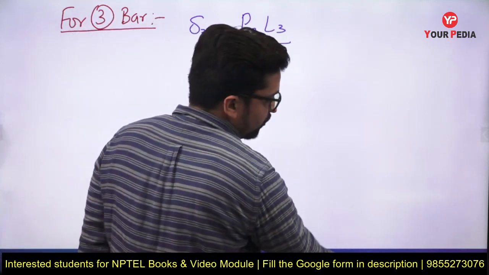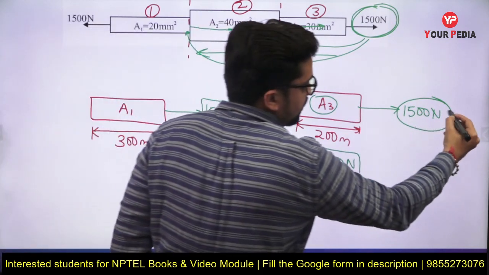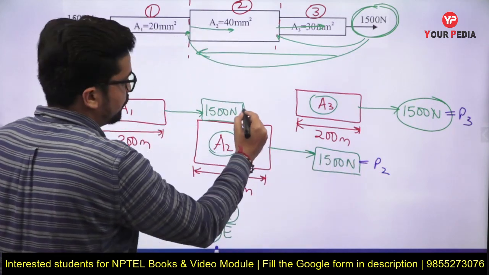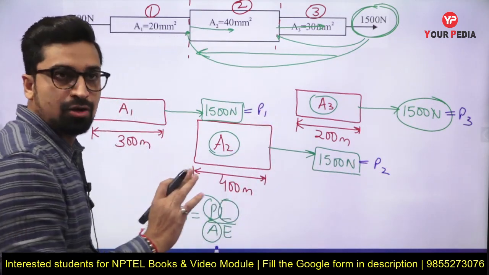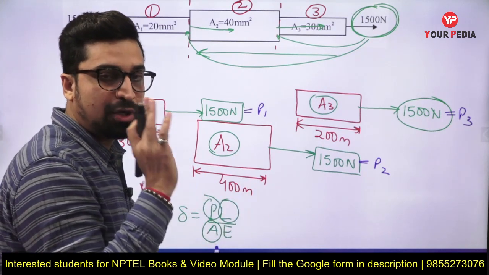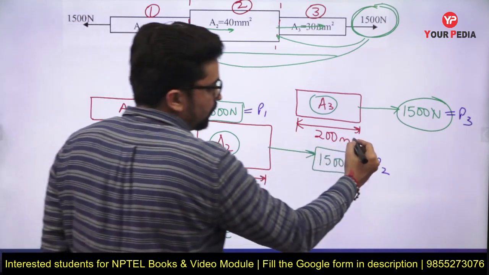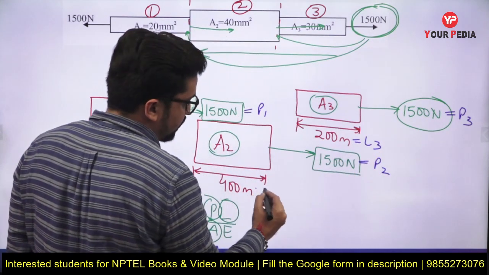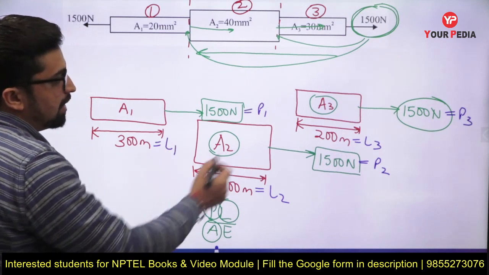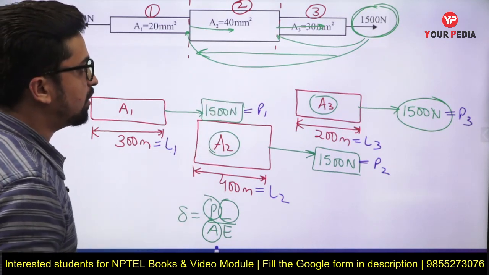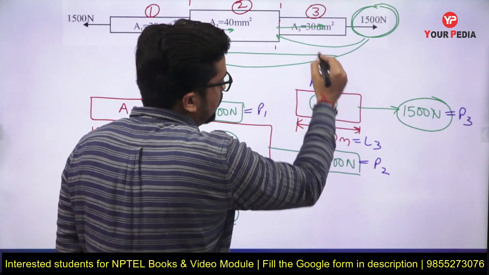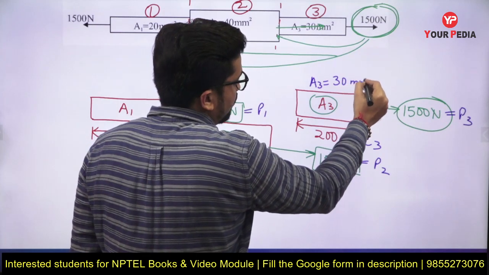We have already calculated the value of P. So this is P3, this will be P2, and this will be P1. We have calculated the P values, or the axial force values, coming on these bars. Along with that, this will be L3, the length of this bar, this will be L2, the length of the second bar, and this will be the length of the first bar. The areas they have already provided in the question. So area A3 is equal to 30 mm square.